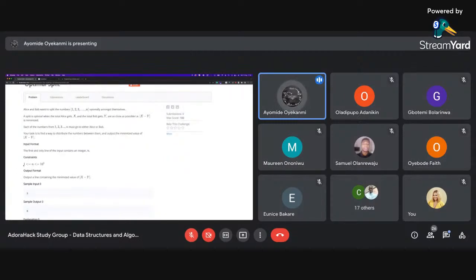So we know that n cannot be 0. So when you're thinking about your edge cases and all of the extra checks you need to have, it's important to check your constraints because if n can be 0, then you probably need to cater for that. But you know that n would be at least 1 and would go up to something like 100,000, right?